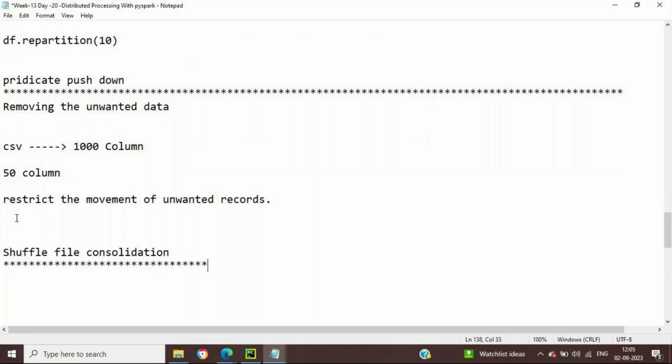We need big files, and with heavy-size files we will get good performance.